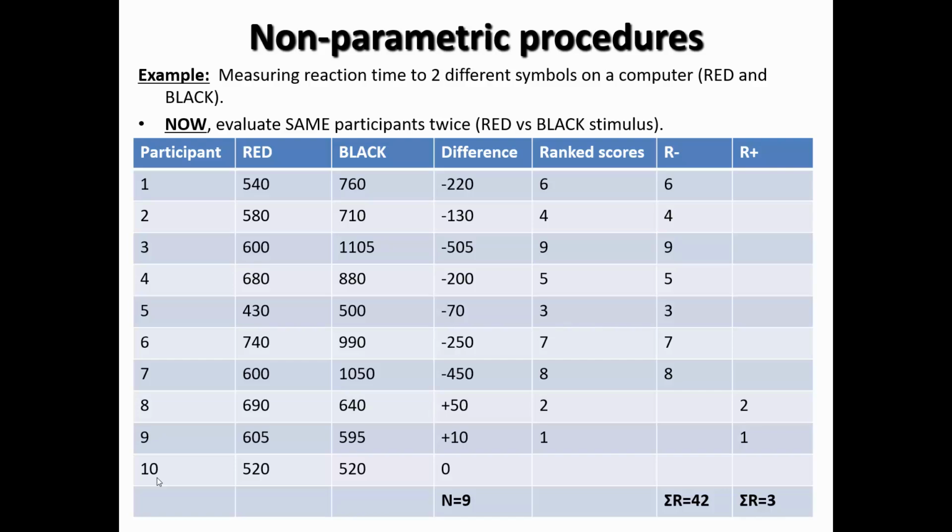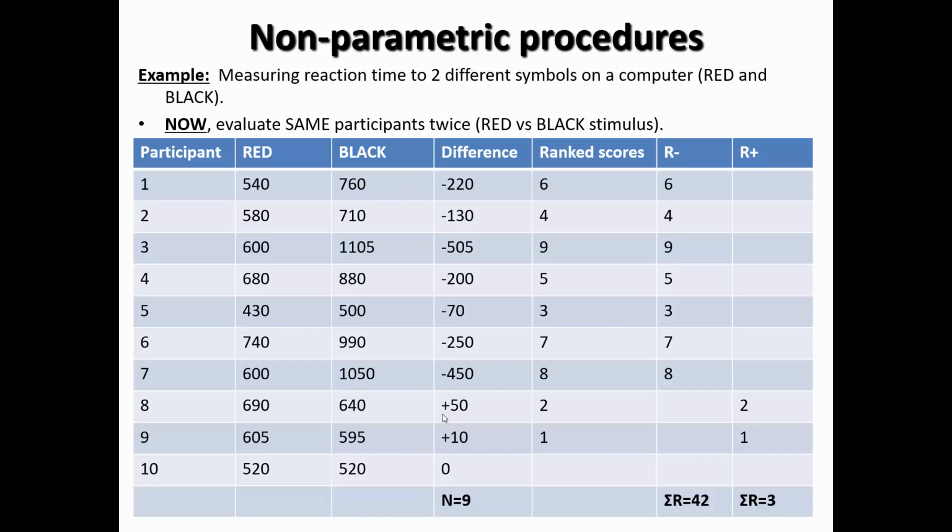And take a look at participant number 10, where we see that they recorded the same reaction time under both conditions, having a difference of 0. So this value would actually drop out of the determination of our critical value, and we now have a new sample size of 9 with data as we move forward.